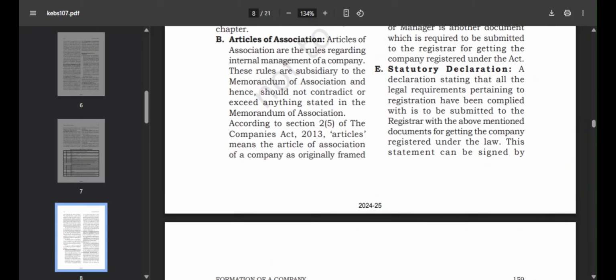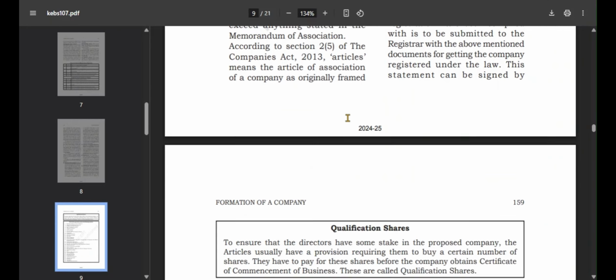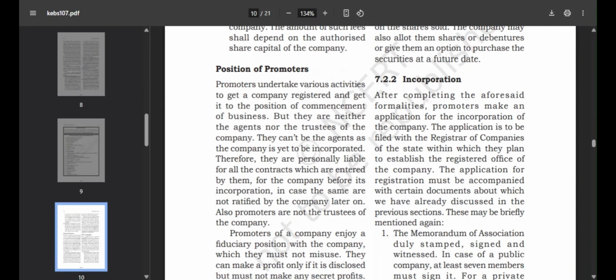So, articles of association are rules. MOA, your memorandum of association, is the objectives. Articles of association are the rules regarding the internal management of a company. Later on, we'll be seeing this difference table.